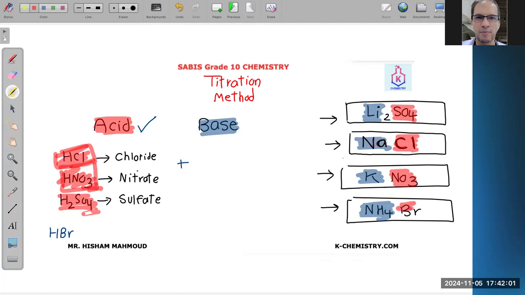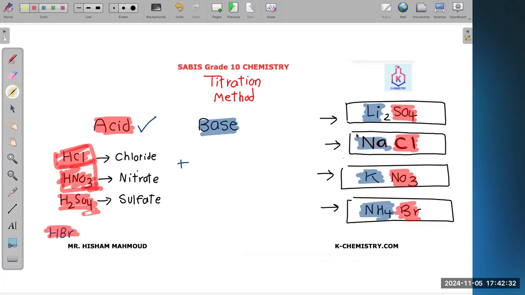If you want bromide, this is less common, but it's still an acid, so I will use hydrobromic acid. These are the things we memorized in the acids chapter. So I need to know all the acids, and once I know them, I can say which acid I use.